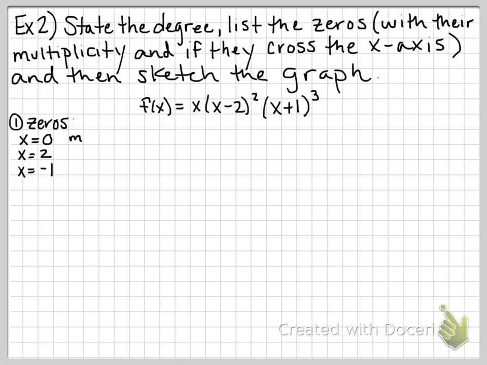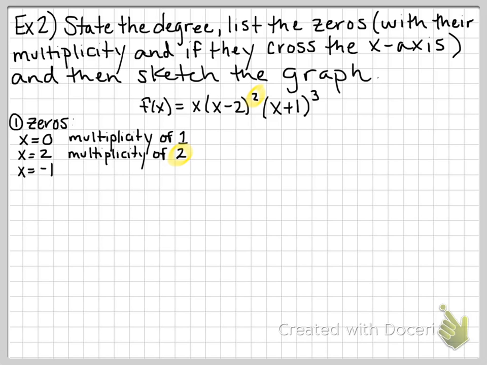Now, looking at the way that it's set up, it's in factored form, so it's very easy to identify the multiplicity. X equals 0 is going to have a multiplicity of 1. X minus 2 squared is going to have a multiplicity of 2.